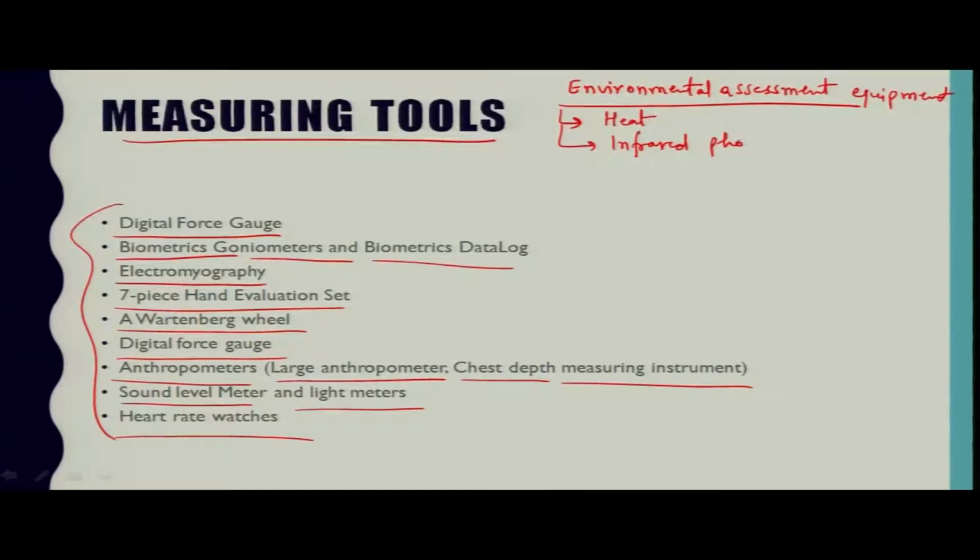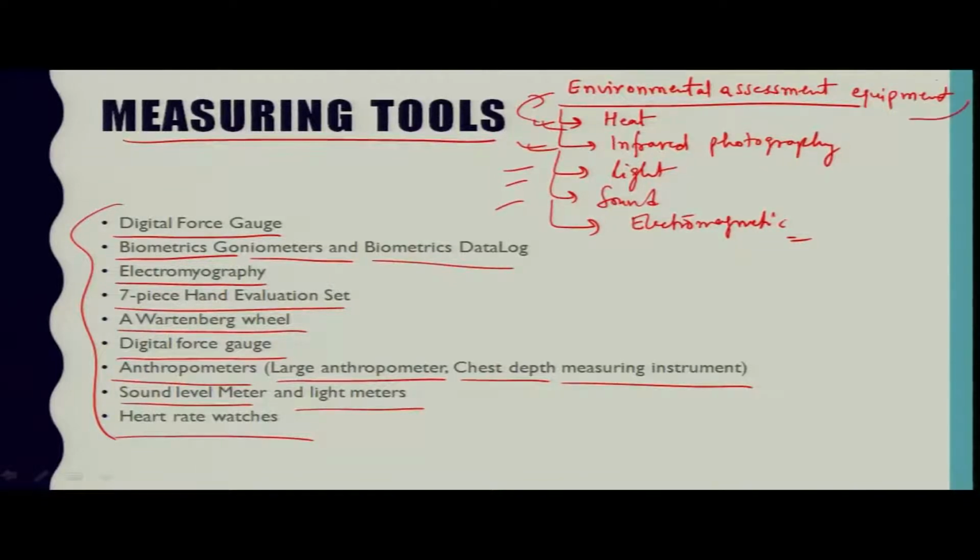So infrared photography for light assessment, for sound assessment, and electromagnetic tools. These are the possible areas through which environmental assessment can take place, and there are several equipment designed in order to check performance and productivity assessment.